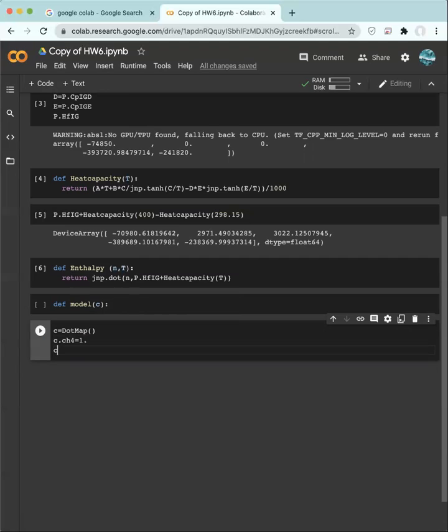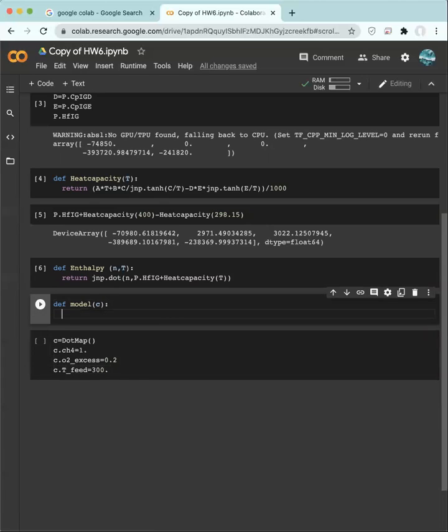The amount of excess O2 that we have is 0.2, which is 20%. And then C.T, so the temperature feed, we're going to say is 300 Kelvin. Oops, not bit length. 300 degrees Kelvin.